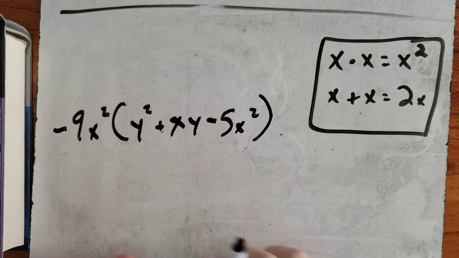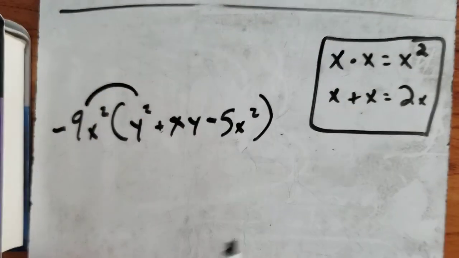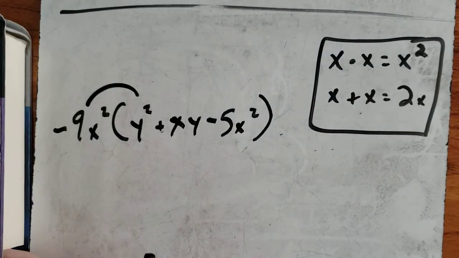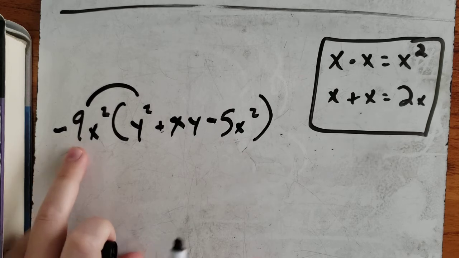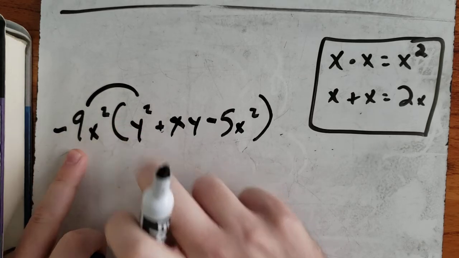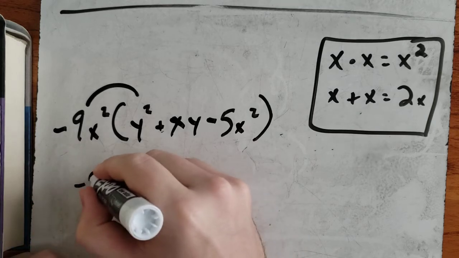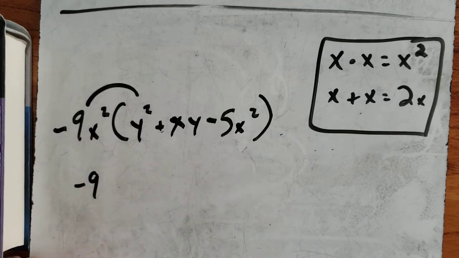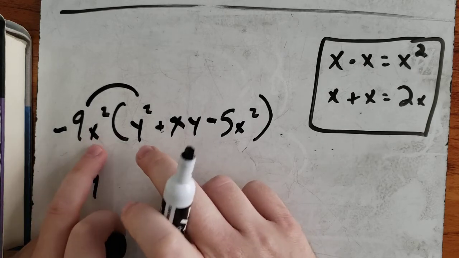So, first step. First one's inside, outside, okay? Now, look at your number. It's a negative 9, okay? Now, your y here has no number involved, so your negative 9 just stays as a negative 9. Now, your letters. You have x squared and y squared.